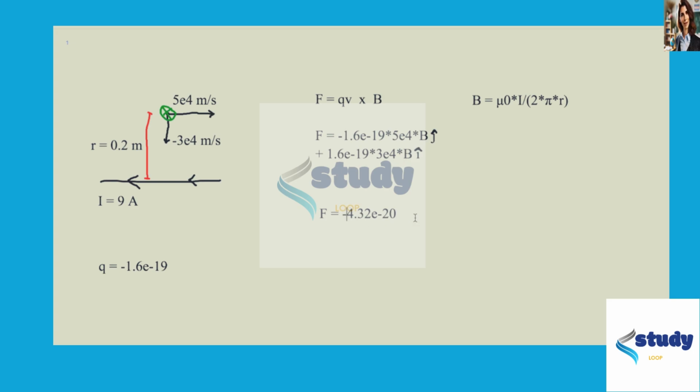And the other component is going to be 7.2 times 10 to the minus 20. Oops, I've written these backwards. The first one is the j hat component, and the second one is the i hat component.